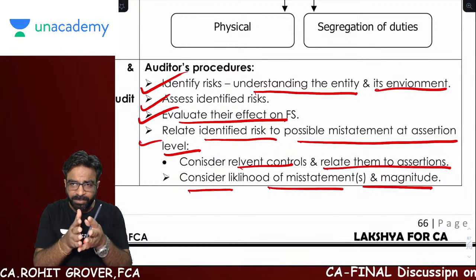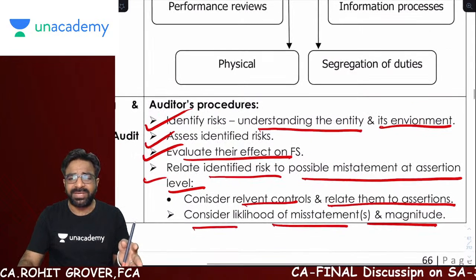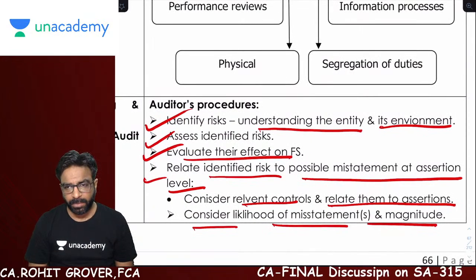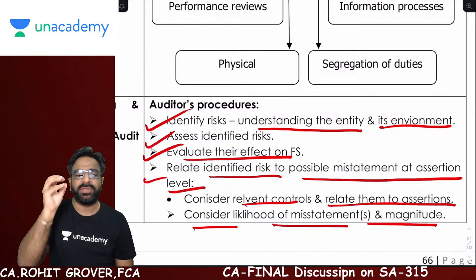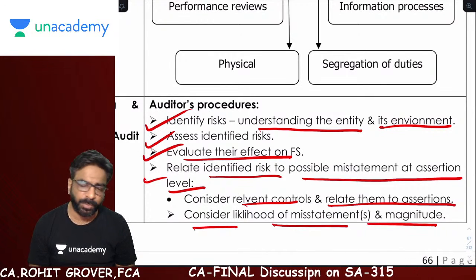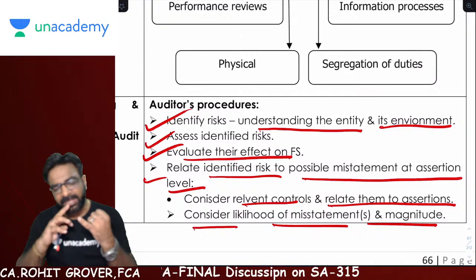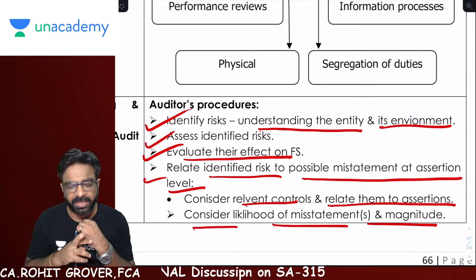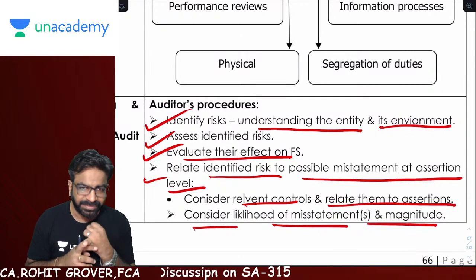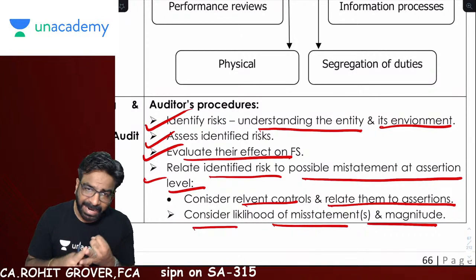And what does magnitude mean? To what extent can that particular risk go? That also you have to identify. I hope you all understood. First of all, have an understanding of the entity, environment and its control. Then assess the identified risk.